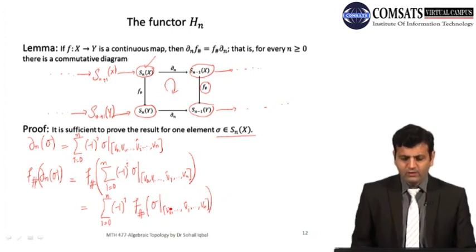Now how did we define this f hash when applied on a singular n simplex? Of course we know that this is equal to f composition sigma.